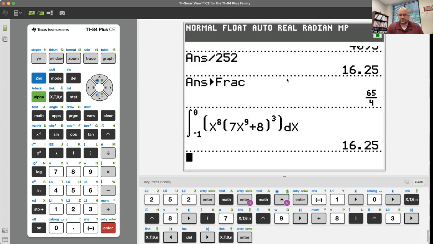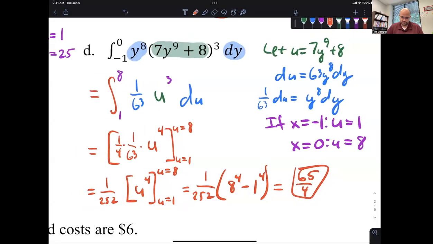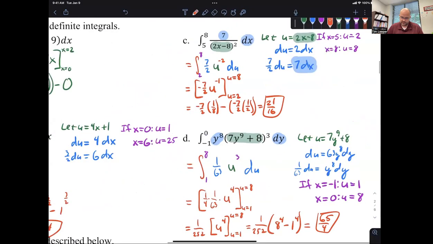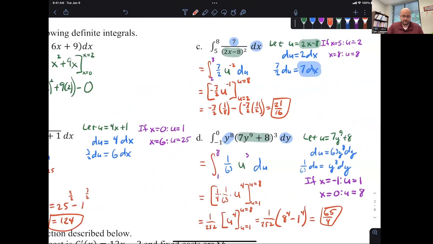Enter, and there we go. Exact same value. So there you go. That is C and D for question 2 for review 4. Have fun.